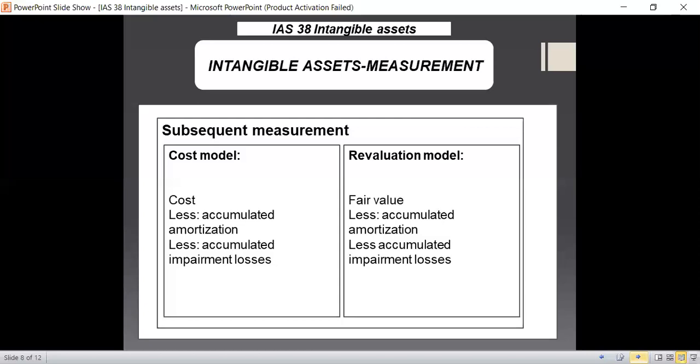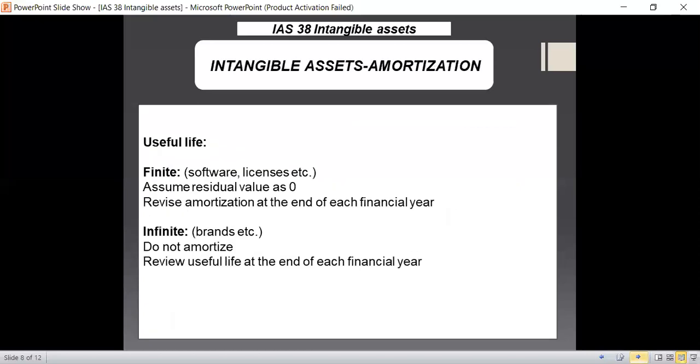Although the initial and subsequent measurement regarding intangible assets is the same as property, plant, and equipment, and also the depreciation, there is one thing which needs to be considered in the case of amortization, which is related to the intangible assets. Intangible assets can have either a finite or infinite useful life. Finite useful life means that it's already known for how many periods the asset will be used to generate benefits, or the number of units that can be produced by that particular asset.